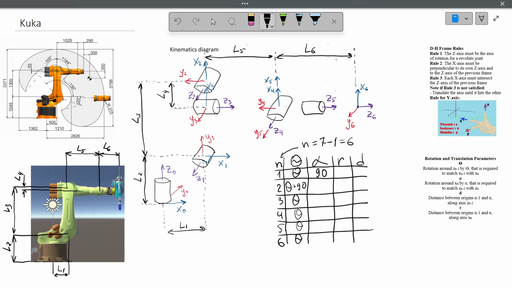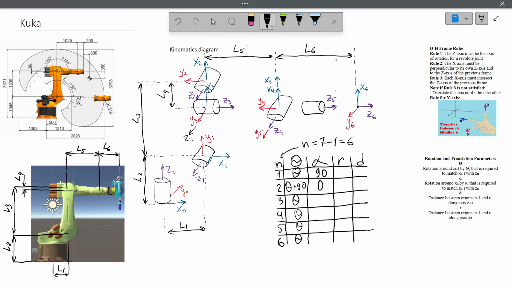Next, we take a look at Z1, Z2, they are the same direction. So here we will just write 0, because Z1, Z2 are the same direction. Next, take a look at Z2, Z3. So we rotate around X3, so we can redraw Z2 here.